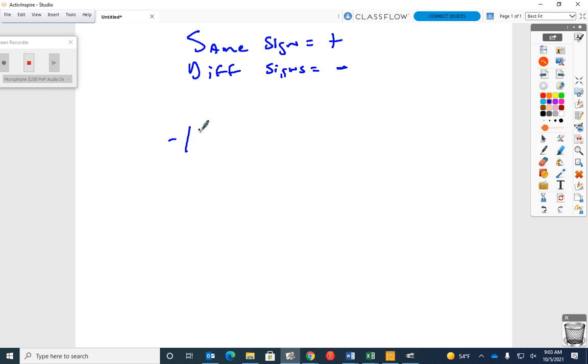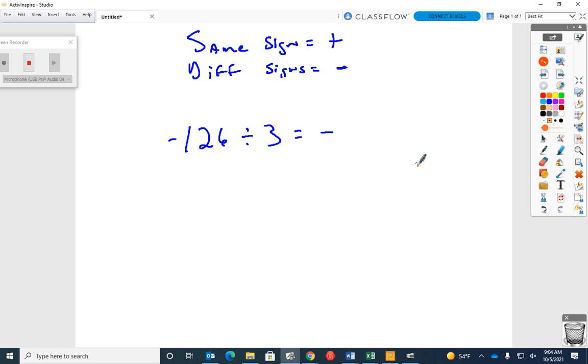Negative 126 divided by 3. I'm going to do this the old-fashioned way, actual division, but first I'm going to determine whether the answer is going to be positive or negative. Negative. Why? Because they're different signs. So I know this is going to be negative, so I'm going to put my negative sign there.